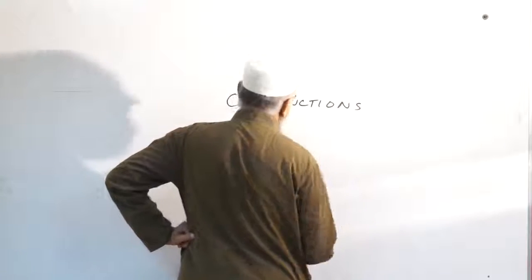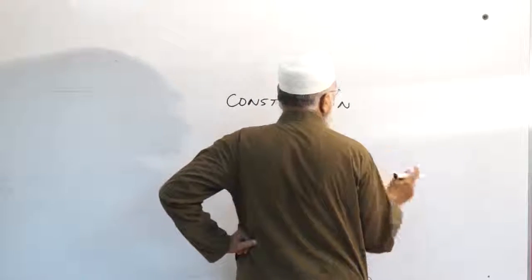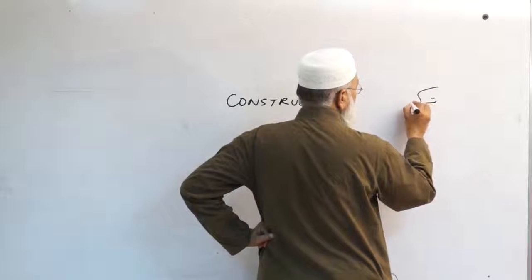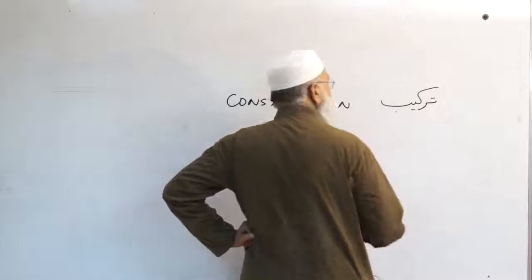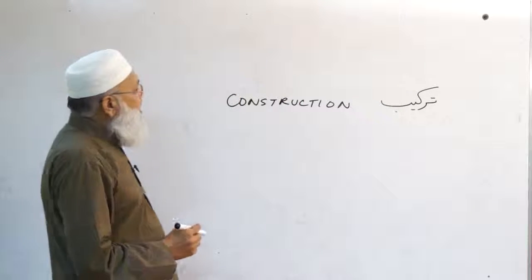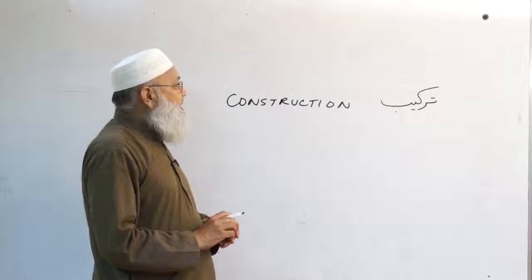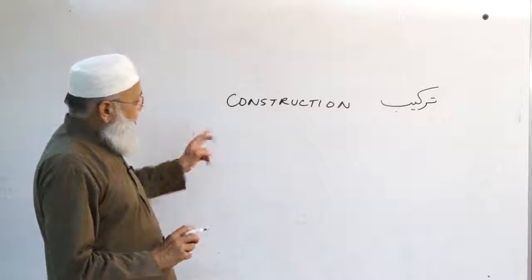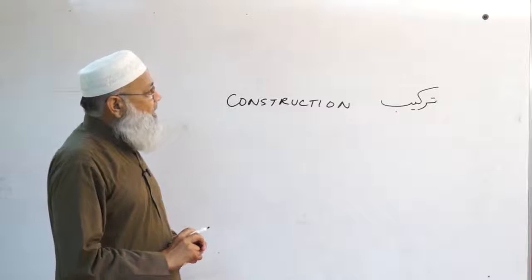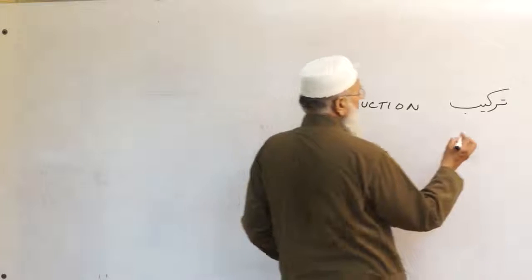The nouns join together to form constructions. Singular would be construction, and in Arabic, you call it a tarkeeb or murakkab.